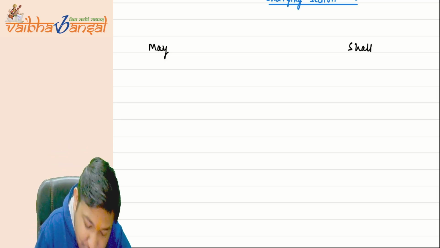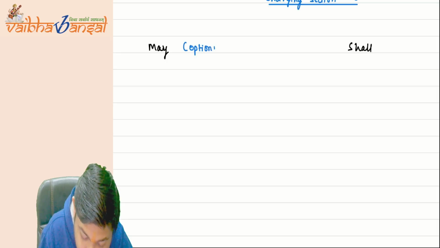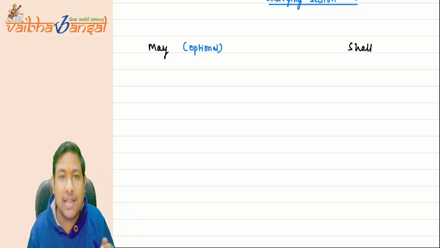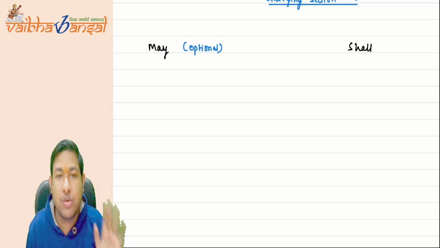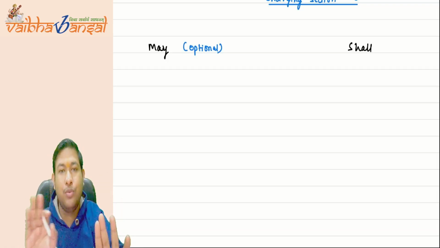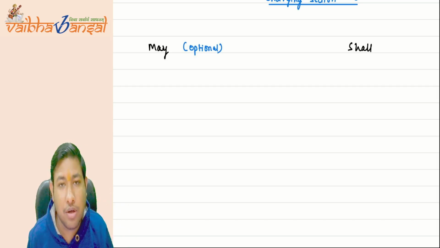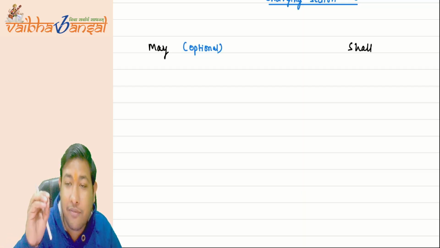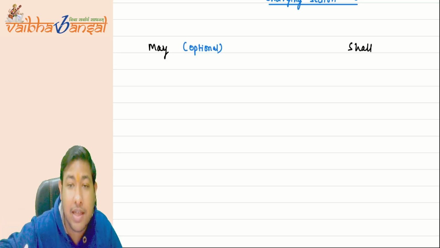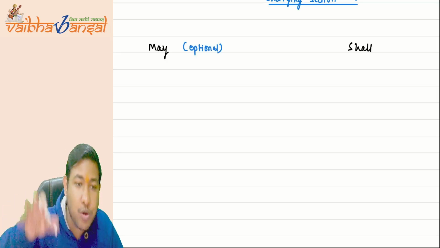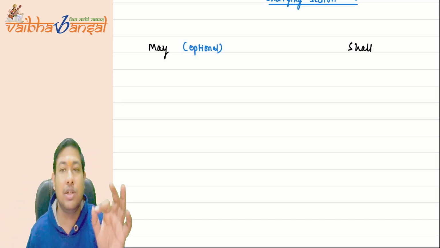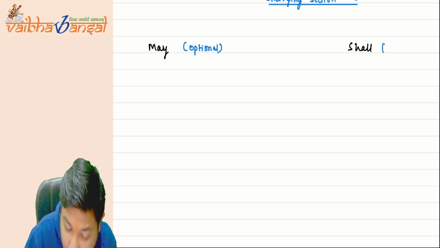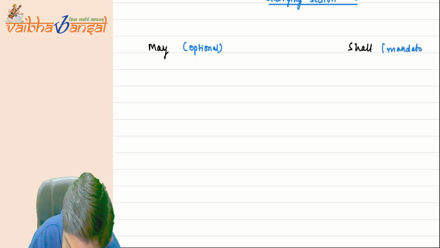When the law uses the word may, it is on your choice whether you want to opt for this or not, whether you follow this or not. But where the law wants to say mandatorily that you have to come under this point, they use the word shall. So the word shall has a mandatory charge.